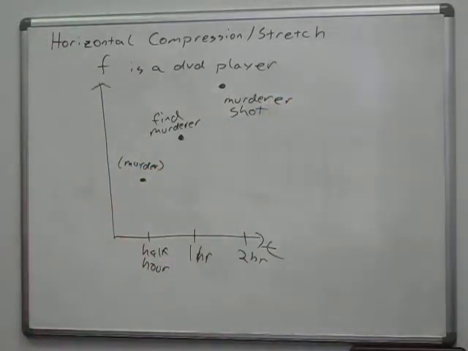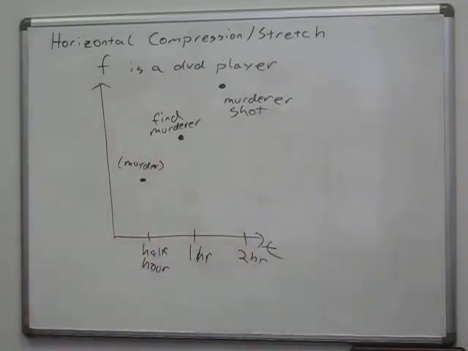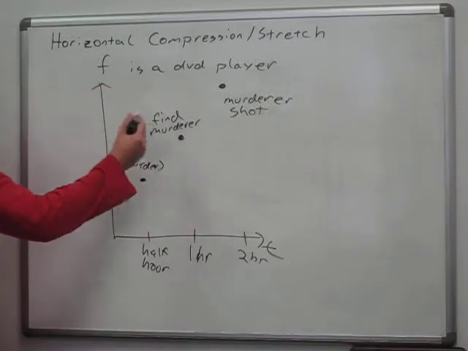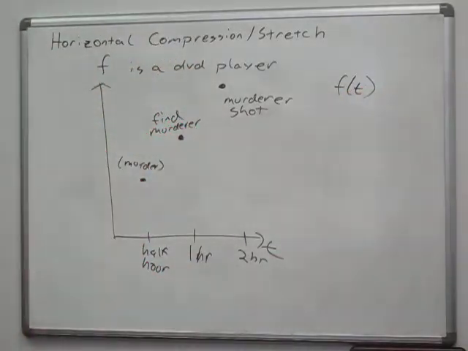So here we have a plot of a movie that is shown to us by our DVD player in normal time. So it just progresses normally. The events show up normally on the television screen. So this is what f of t looks like.